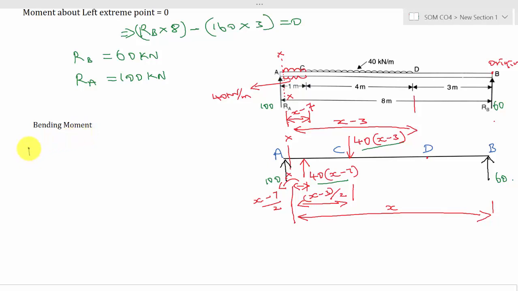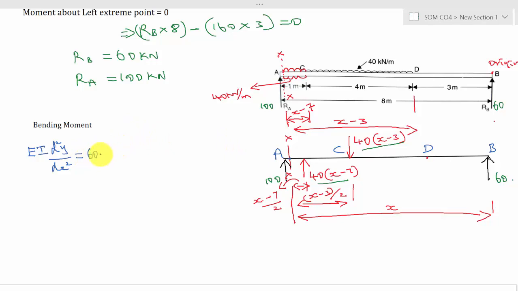So the bending moment, that is EI d square y divided by dx square, is equal to, so I am going to take the bending moment about the plane xx. Okay, so consider the right side. Here this 60 kilonewton is acting in the counterclockwise direction, so it is considered as positive.